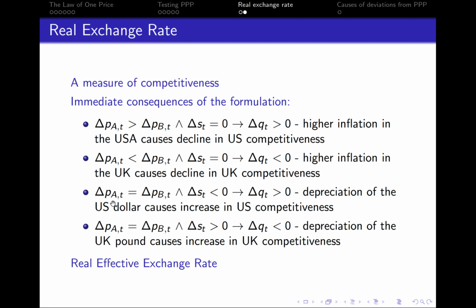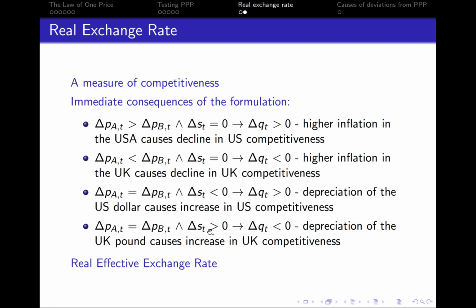But look, now this increase is not coming from the inflation rate. It comes from the fact that the nominal exchange rate has changed, and now goods in the United States have become relatively cheaper.